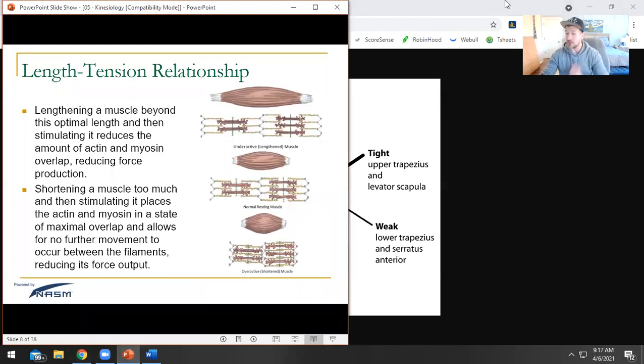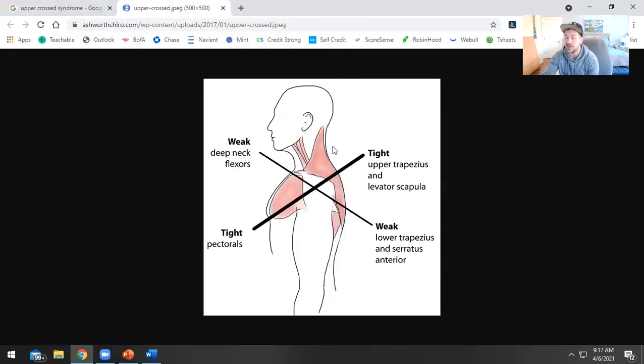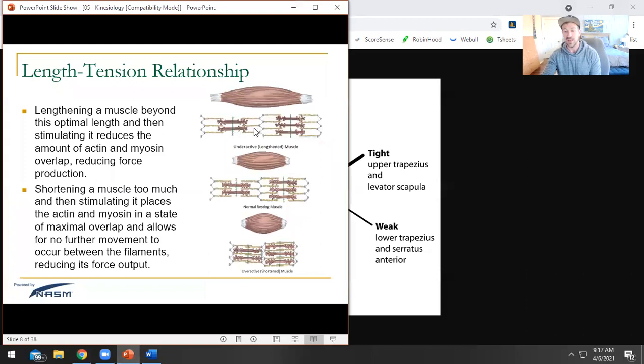So now that's keeping their antagonist muscles, the muscles that work exactly opposite them, from contracting. They're being pulled massively and they don't have a good grip anymore, and they cannot contract. So these tight muscles are causing these underactive muscles, or maybe these underactive muscles are causing these overactive muscles. It's kind of a two-way street.